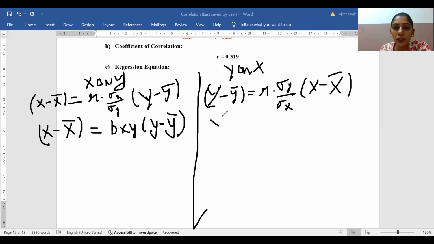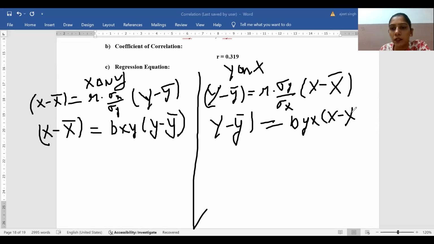So we can write it like y minus y bar is equal to byx, x minus x bar. So let's put all the values in this equation so that we can find out the equation.